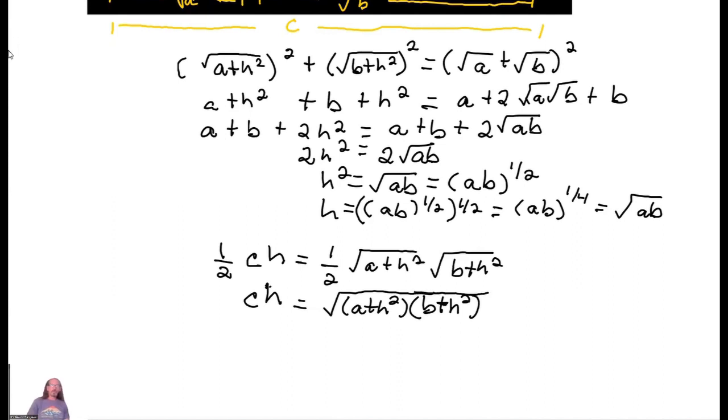Square both sides. Well, c times h, that quantity squared, is the same as c squared h squared. And on the right-hand side, the square roots will cancel out.